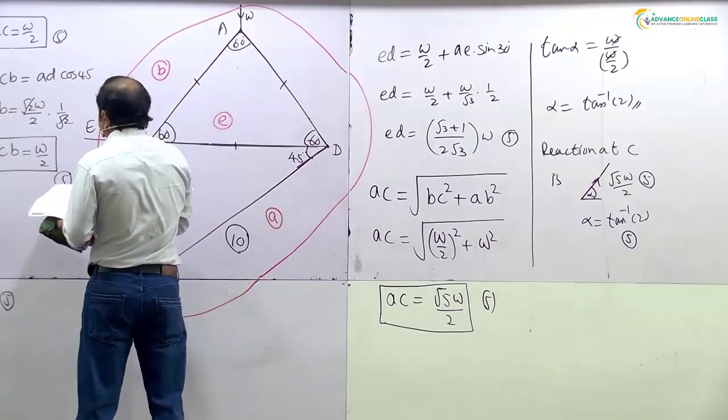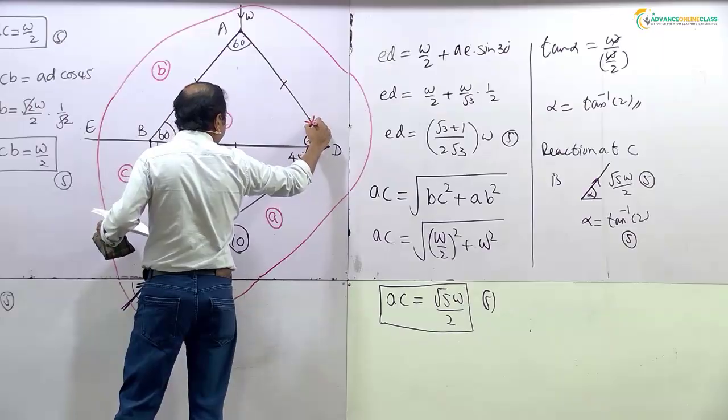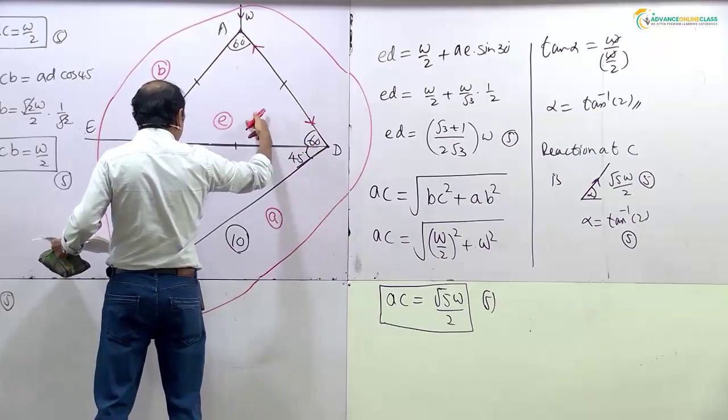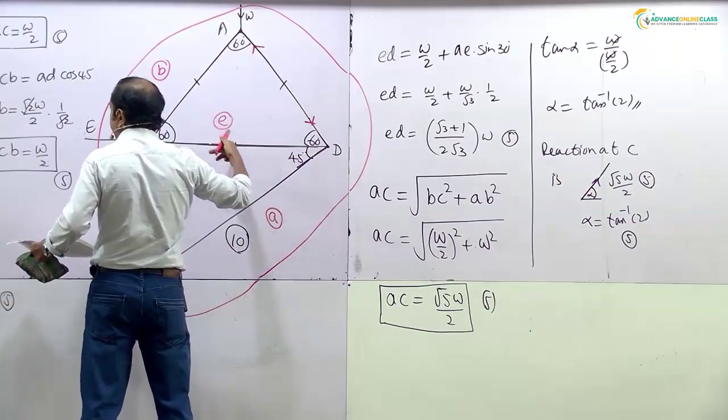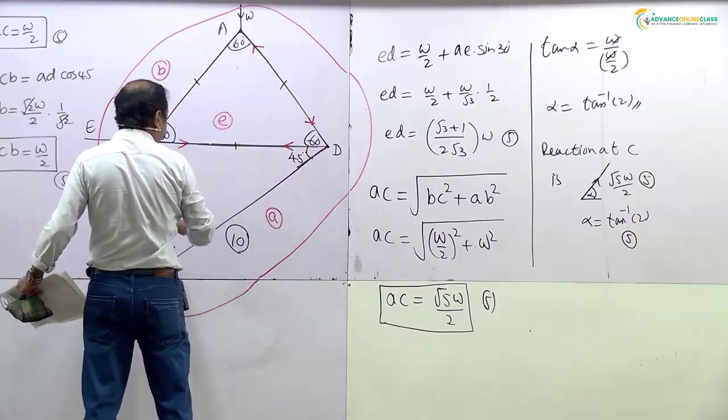AE this way. Next one, ED. ED this way. Then the other end is this.